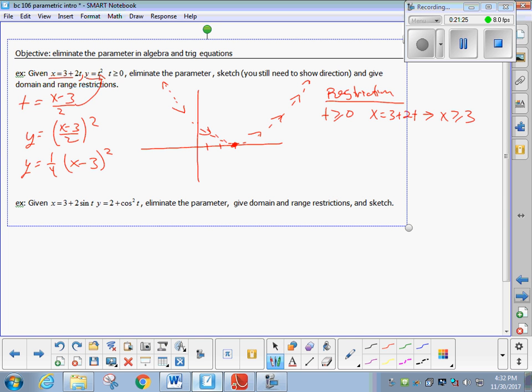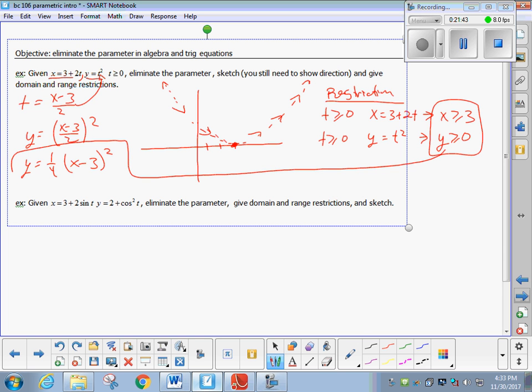Negative x's never happen. Likewise, y, if time is greater than or equal to 0, then y equals t squared. Well, that actually is going to be the same either way because it was squared, but y will be greater than or equal to 0. Those should be included with the equation to get the same movement.